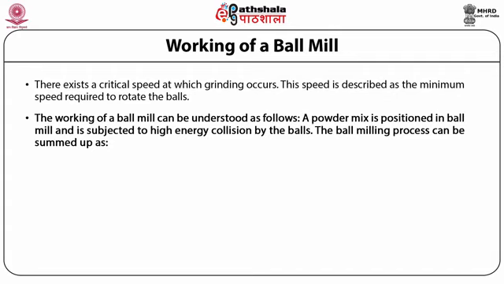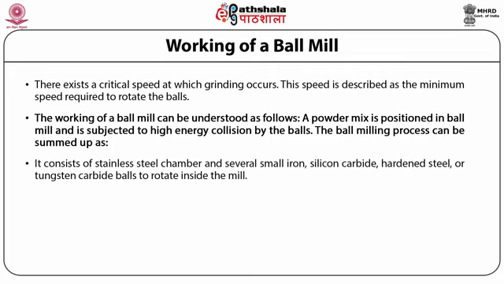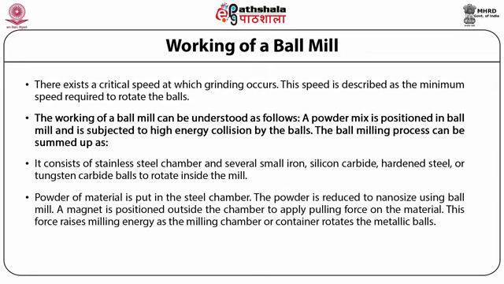The ball milling process can be summed up as follows. First, it consists of a stainless steel chamber and several small iron, silicon carbide, hardened steel or tungsten carbide balls to rotate inside the mill. Powder of the material is put in the steel chamber. The powder is reduced to nano size using the ball mill.